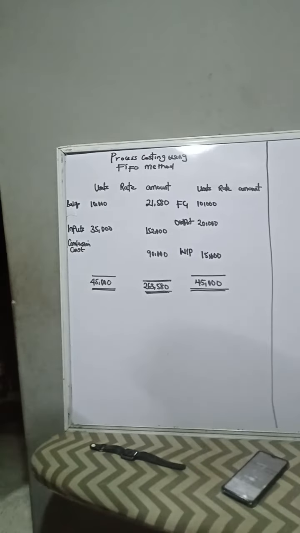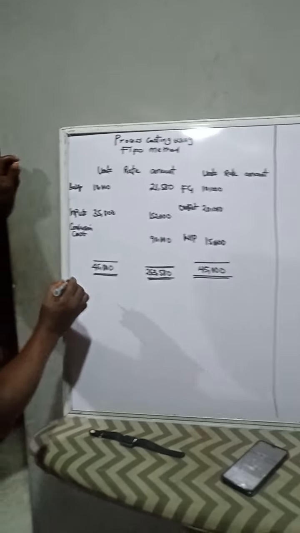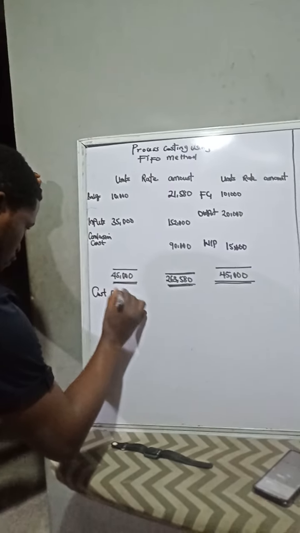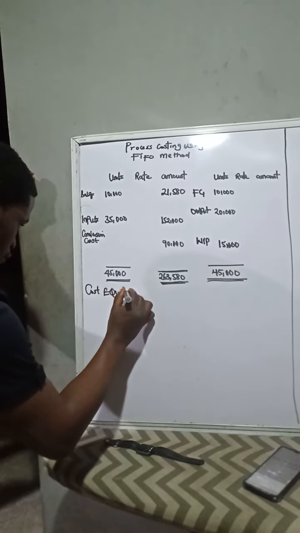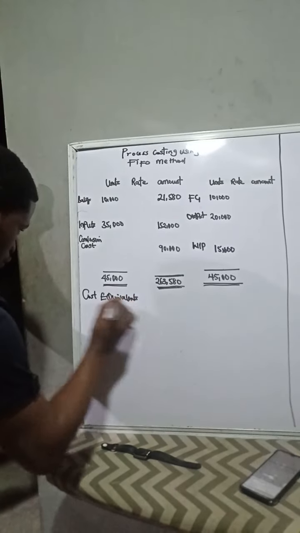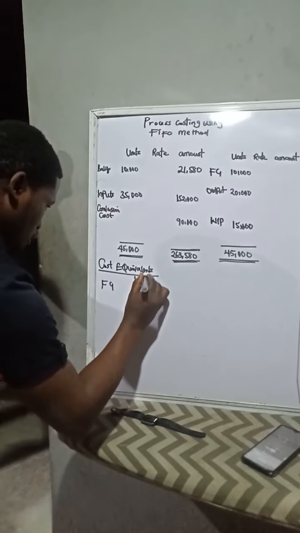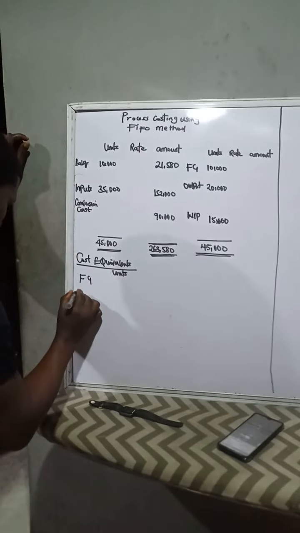Okay. The next step, we'll now go back to the computation of cost equivalent. So for our cost equivalent, I will have my finished goods here, which is my unit, then I will have my output.